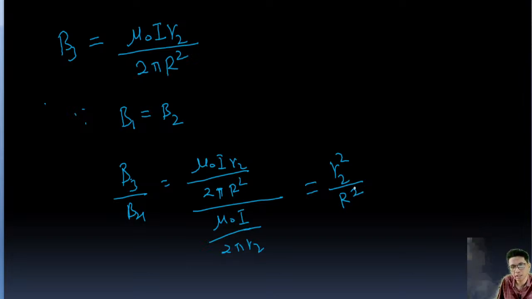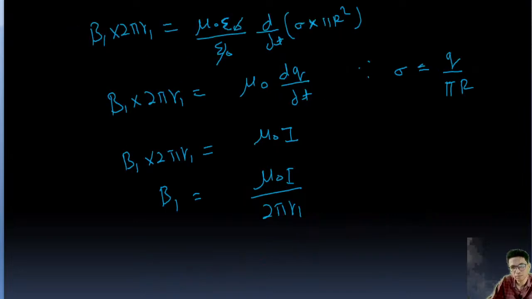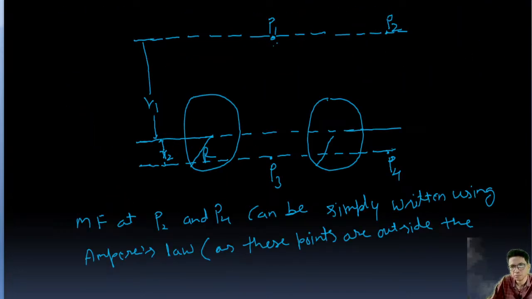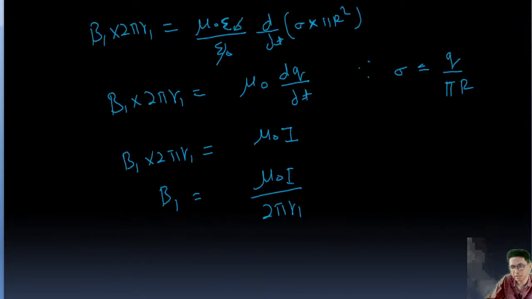And we know that R2 is less than R. Here you can see in the figure, R2 is less than this R, the radius of the circular plates of the capacitor.